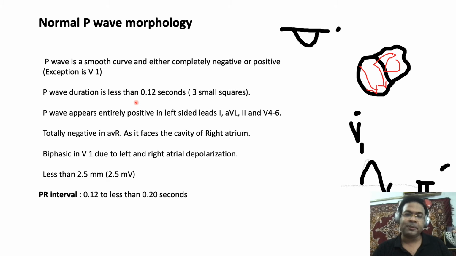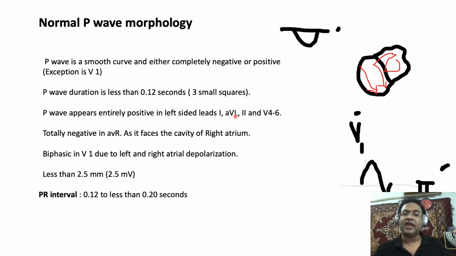Now a normal P wave is less than 3 small squares, and 1 small square was 0.04 seconds. 3 small squares would be 0.12 seconds. If it exceeds 3 small squares, then you know that there is some delay in the atrium and atrial depolarization. There is some abnormality. Similarly, normally P waves are positive in left-sided leads.